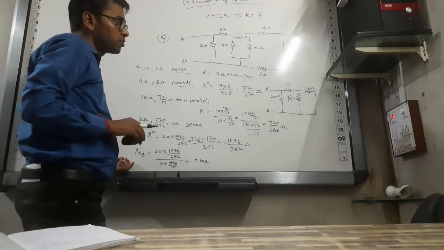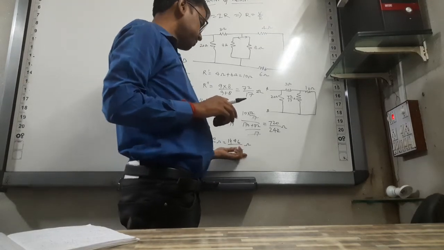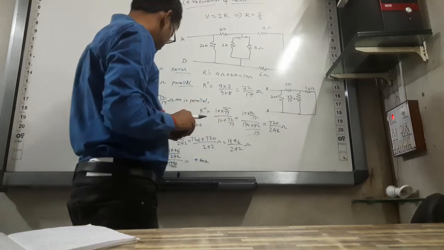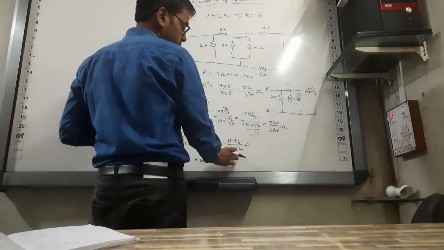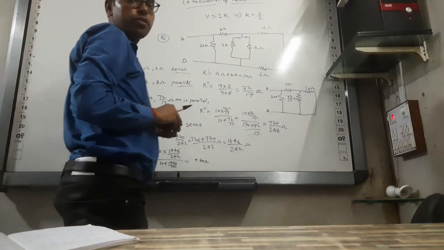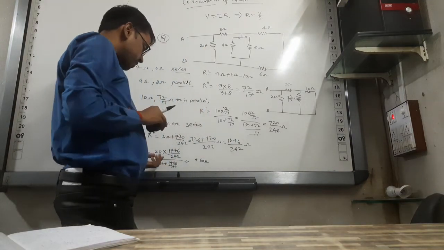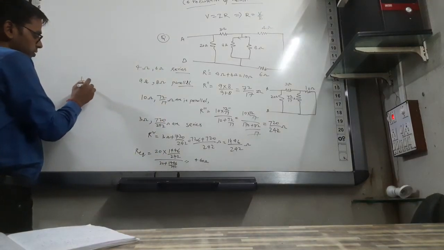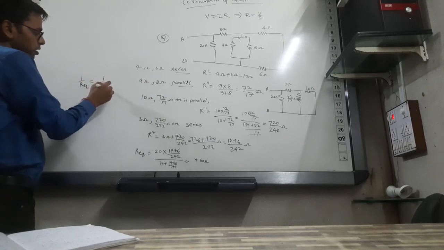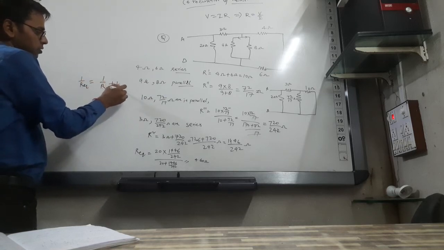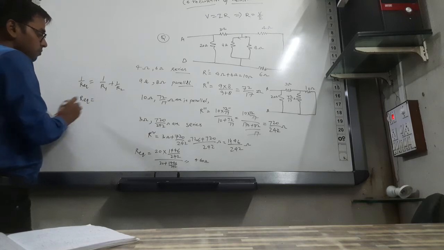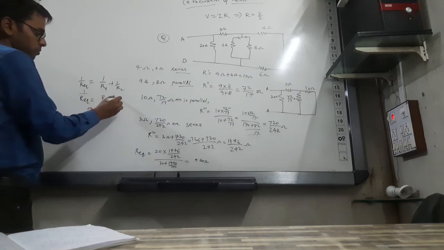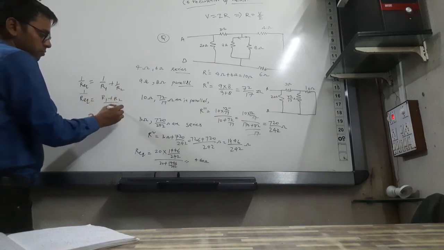Now this value of resistance and this 20 ohm are in parallel, so we use the formula for parallel combination: 1 by R equivalent equals 1 by R1 plus 1 by R2, so 1 by R equivalent becomes R1 plus R2 upon R1 into R2.